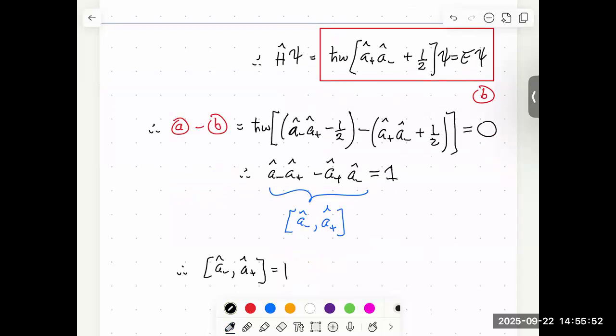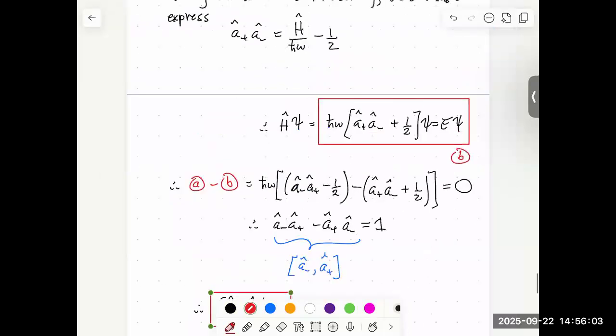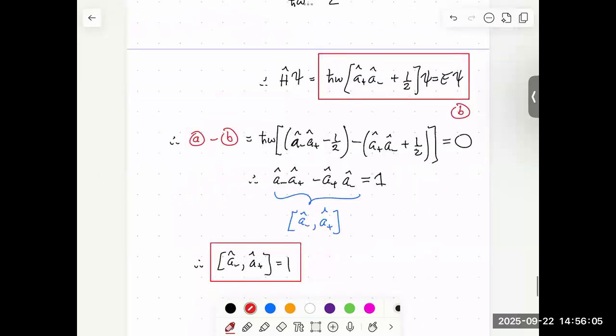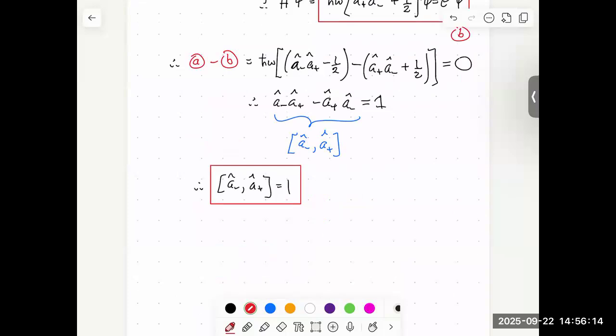Now you could say, well, why did you arbitrarily decide to do equation A minus B? I could have done B minus A. And you're right, I could have done that. What would I get if I do that? What do you think I would get? We're going to get a negative 1. It's exactly the same thing we saw with the plus or minus 1/2.